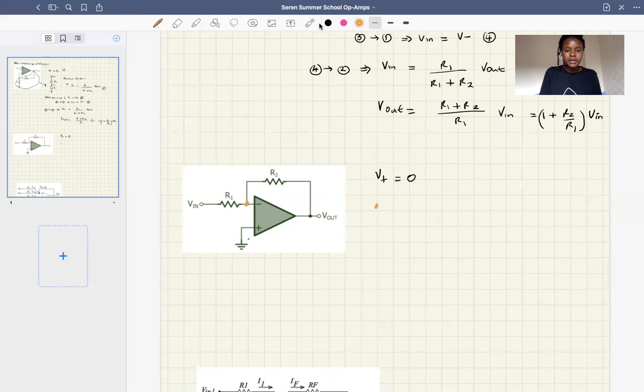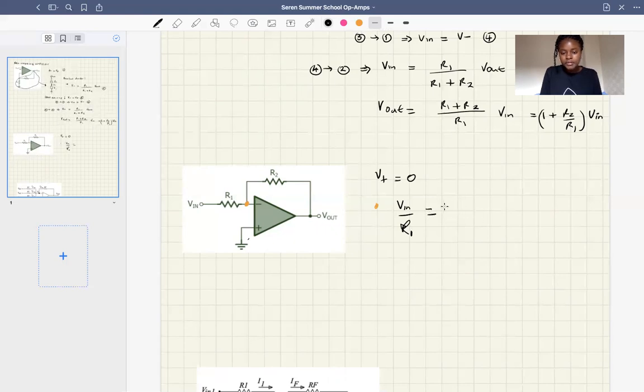we can actually write an expression that says V in over R1. Sorry, that should say R1. I will edit this. The handwriting is slightly messy.